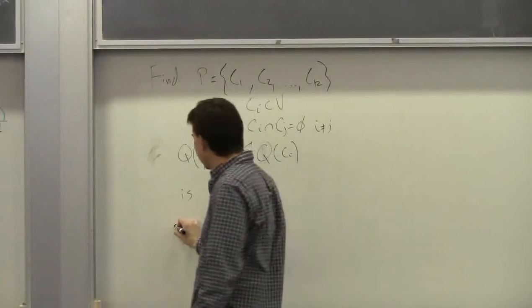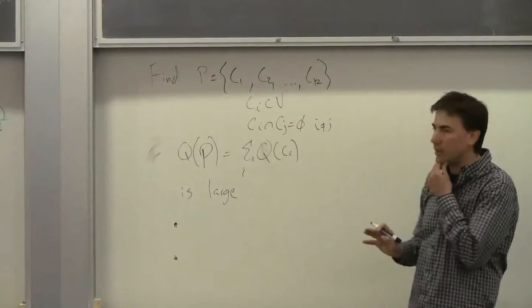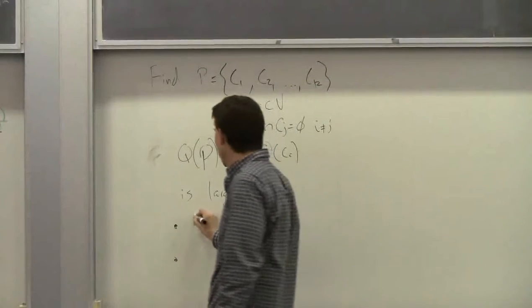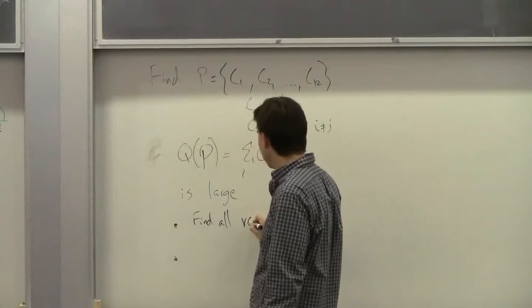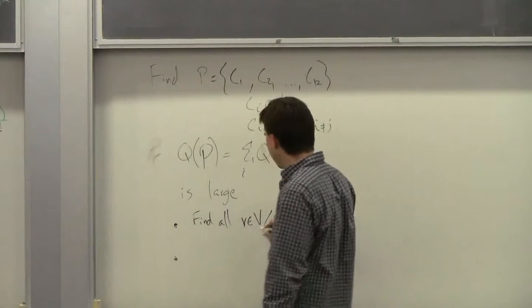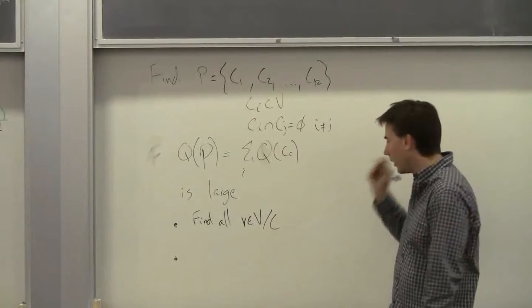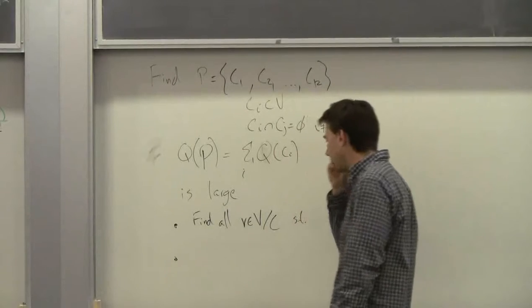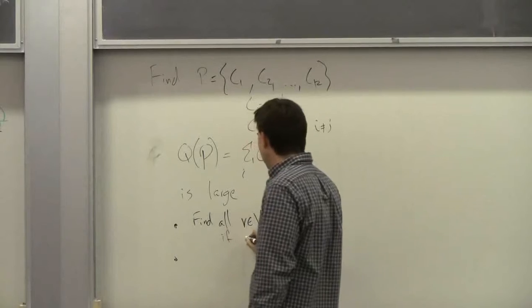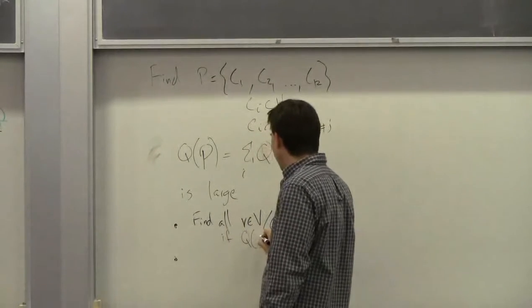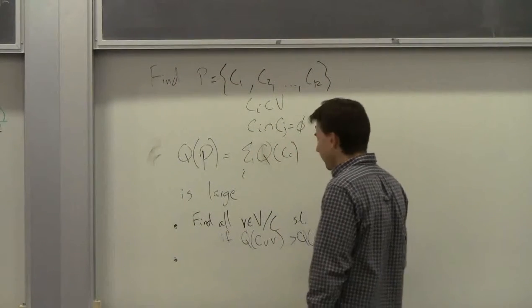So just to give you an example of this, one way you can do local search is to find all v in V, so all vertices which are not already in this community, such that if added, the modularity of C union v is larger than the modularity of C by itself.